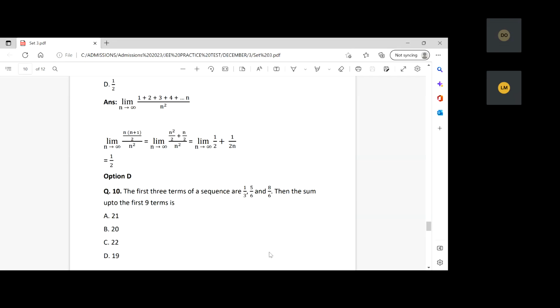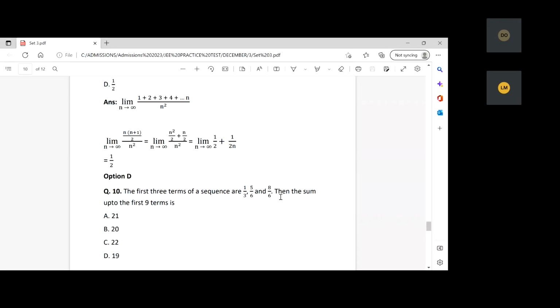I'm so sorry. Yes, I could not see anybody typing in the chat box, so I'm waiting for your reply. Okay, that's for the previous question. I think it's 1 by 2. Yes. Now this question, just try to answer it. What is the answer?